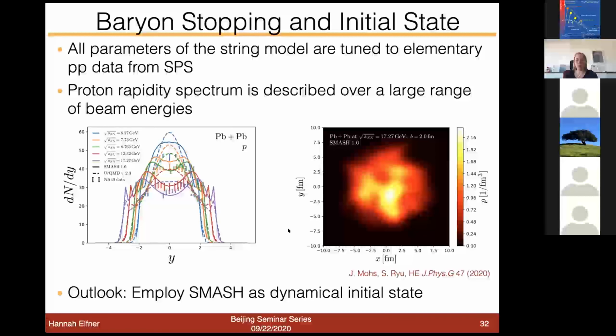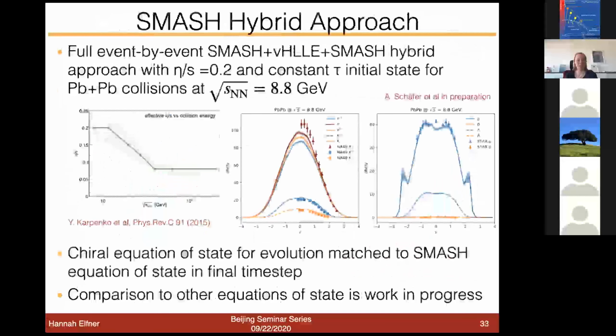The goal of this high energy running was also to be able to use SMASH as an initial state for a hydro evolution. This is, for example, the density distribution in a central collision at square root s of 17 GeV. This is a typical picture of a fluctuating density distribution that you could now plug into your favorite hydro approach, and we actually plugged it into our favorite hydro approach, which is the vHLLE code from Iurii Karpenko, that was also employed in this study in 2015, where we sandwiched it with the UrQMD initial state and then the UrQMD final state.